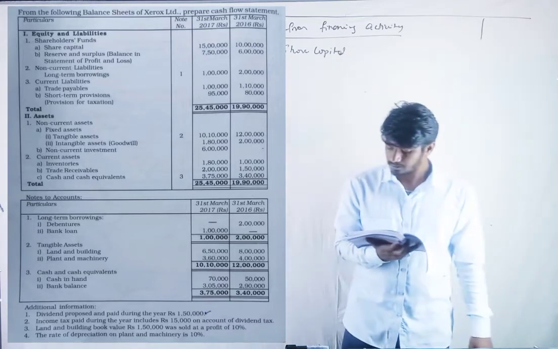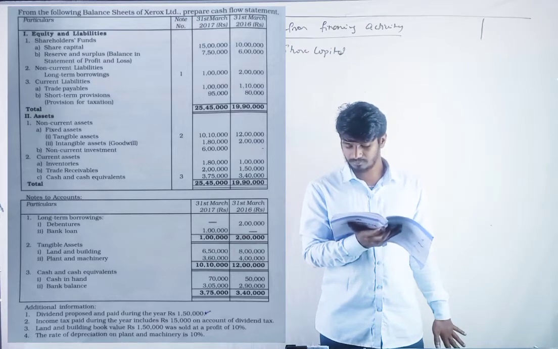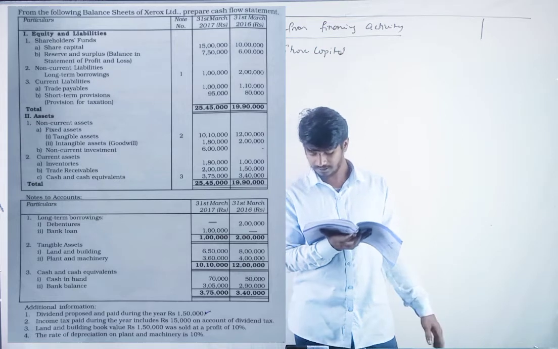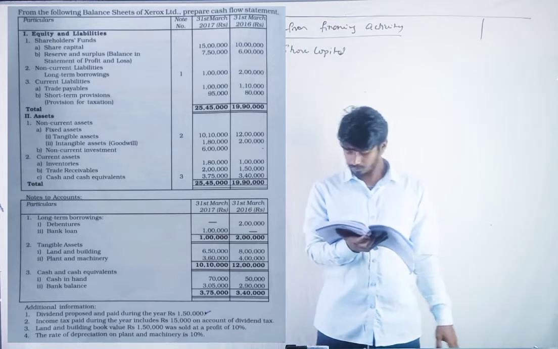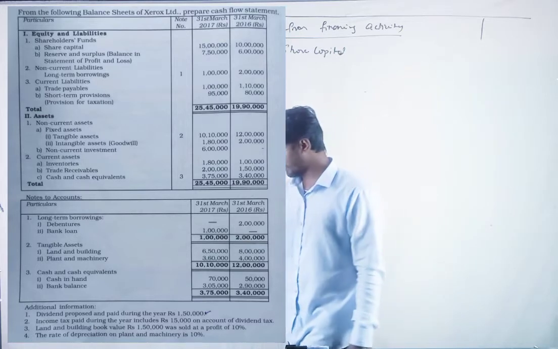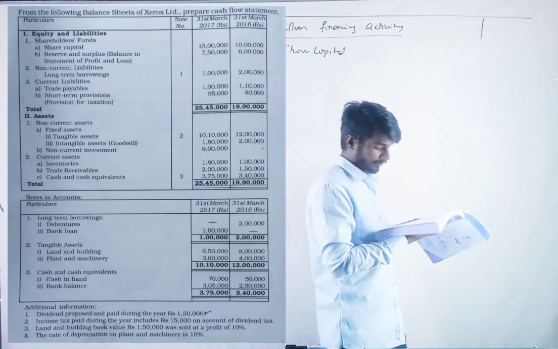They have given share capital, reserves and surplus, long-term borrowings, trade payable, short-term borrowings, fixed assets, current assets, notes to accounts. Okay, straight away we will go for the additional information. Dividend proposed and paid during the year, 1,50,000, they have paid the dividend.